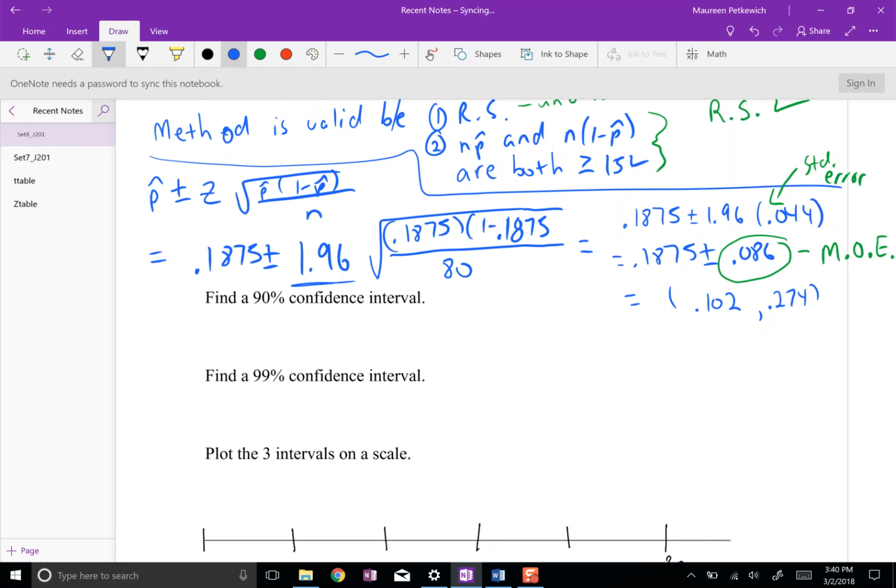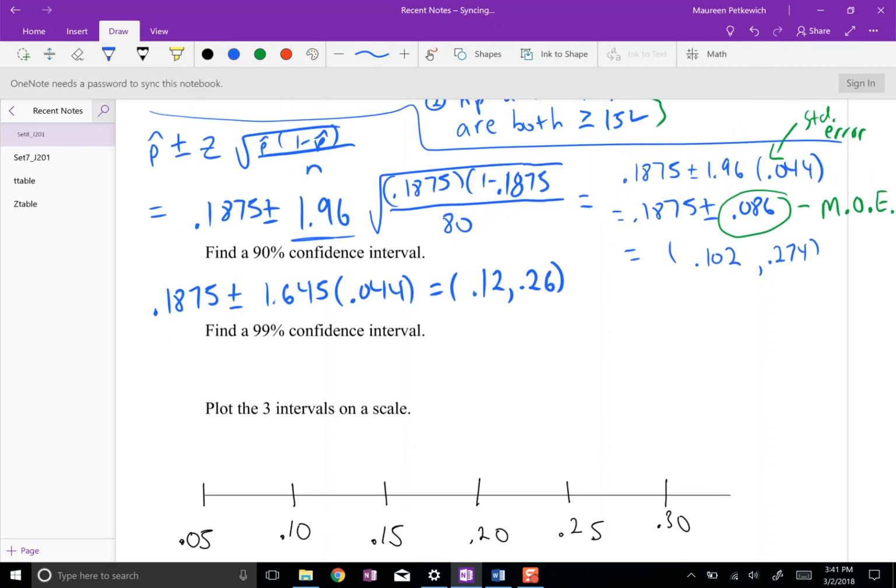So let me write this out. I'd have 0.1875 plus or minus 1.645, and then I'm just going to multiply it by the standard error, which we found was 0.044. And this works out to be 0.12, and the upper limit works out to be 0.26.